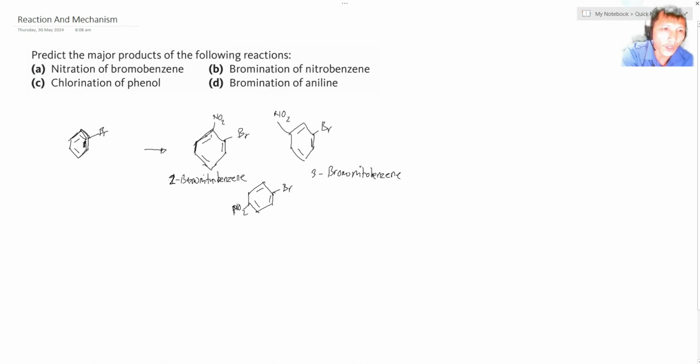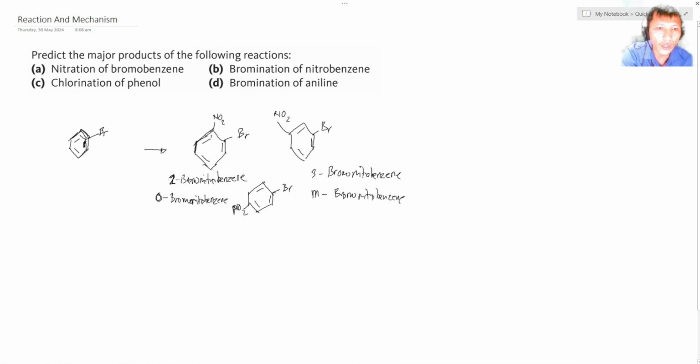Another convention of naming from IUPAC, we could use, of course, the 1,2. This is 1 and 2, so that could be an ortho. O for ortho, meta, para. That is an ortho-bromonitrobenzene. And then this one would be a meta-bromonitrobenzene.